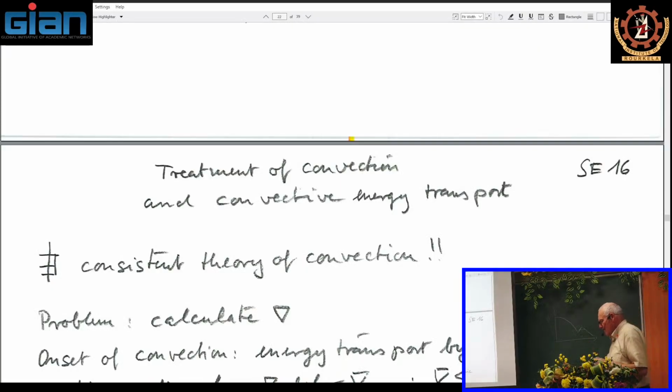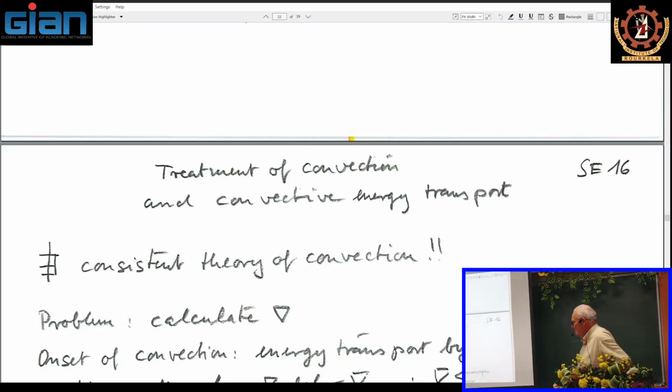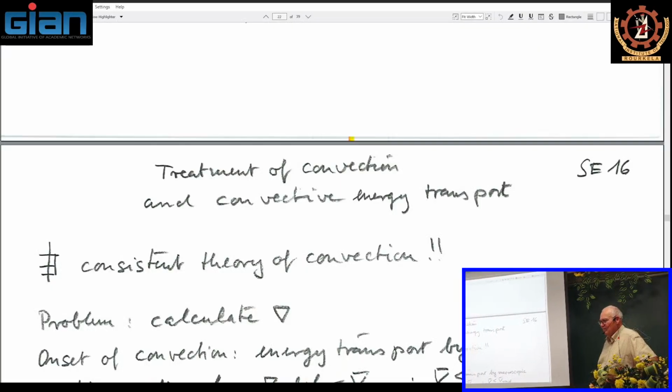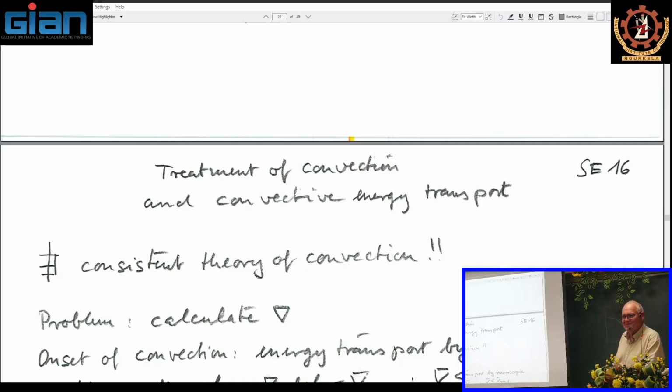Okay, so it's a pity that even numerical simulations cannot really help you much. Perhaps some advance will be reached in the next few years. Well, I'm a bit critical and pessimistic about that, but keep in mind there is no consistent theory of convection.